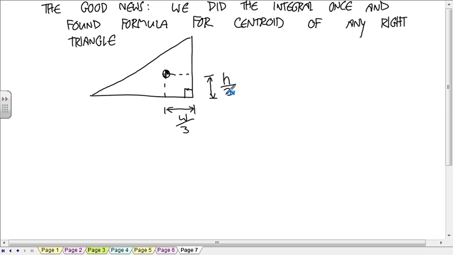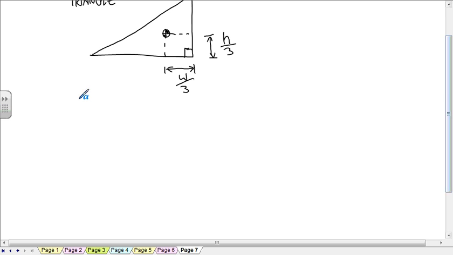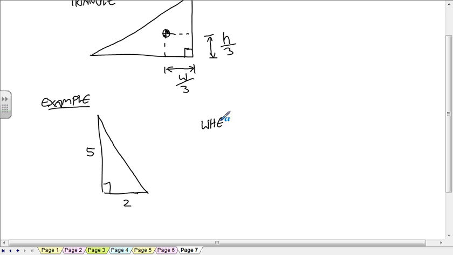Okay, so for example, what if you had a right triangle like that? Where's the centroid of this? Let's say that this height is 5 and this is 2. Where's the centroid?